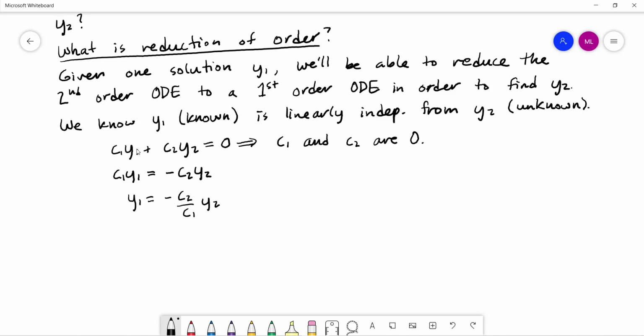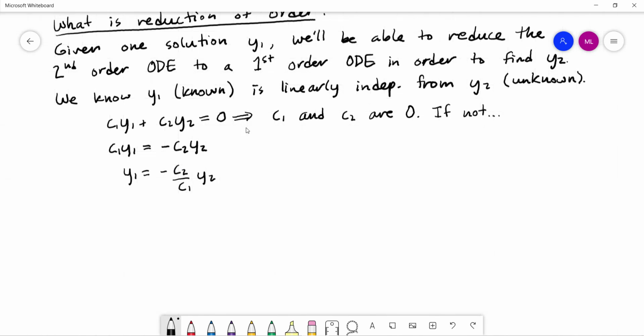So if there's some other solution where there's a c1 and a c2 that work, we should be able to rearrange things and write things out like this. And I'm only allowed to do this if c1 is not 0, because we're dividing by c1 right here.